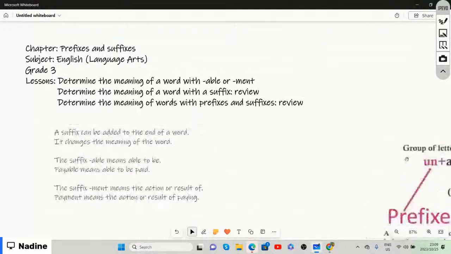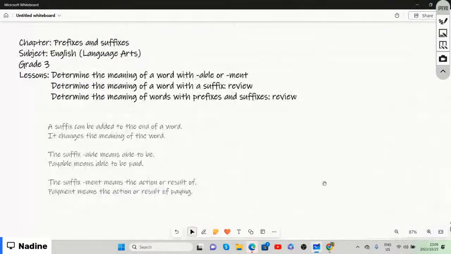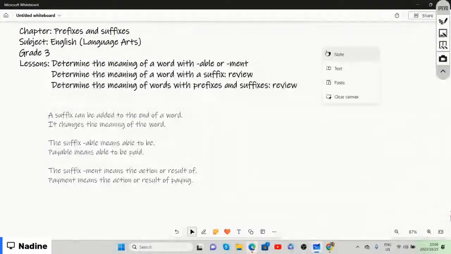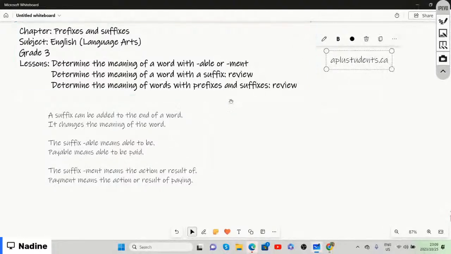And today we're going to determine the meaning of the word with able or ment. And before we do that, this lesson is on aplusstudents.ca. So if you do want to go back, recap, and go over it, you can go to aplusstudents.ca.